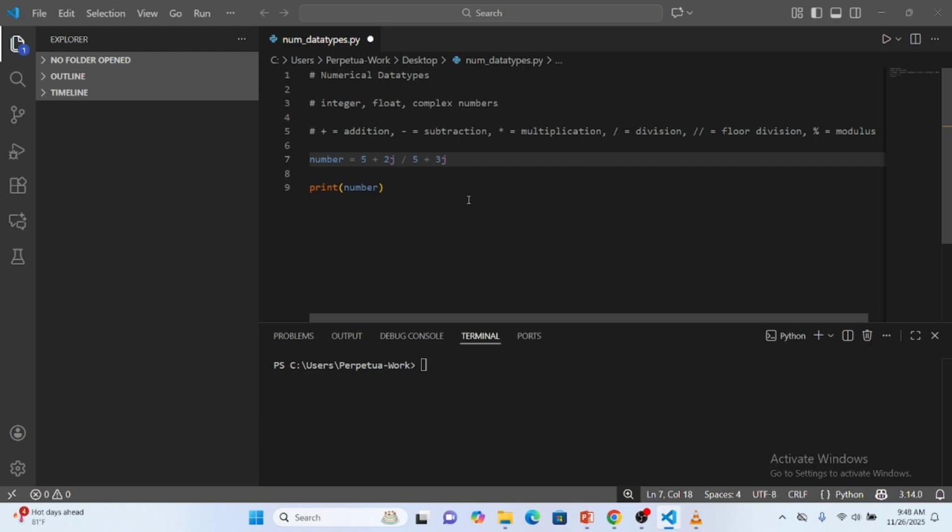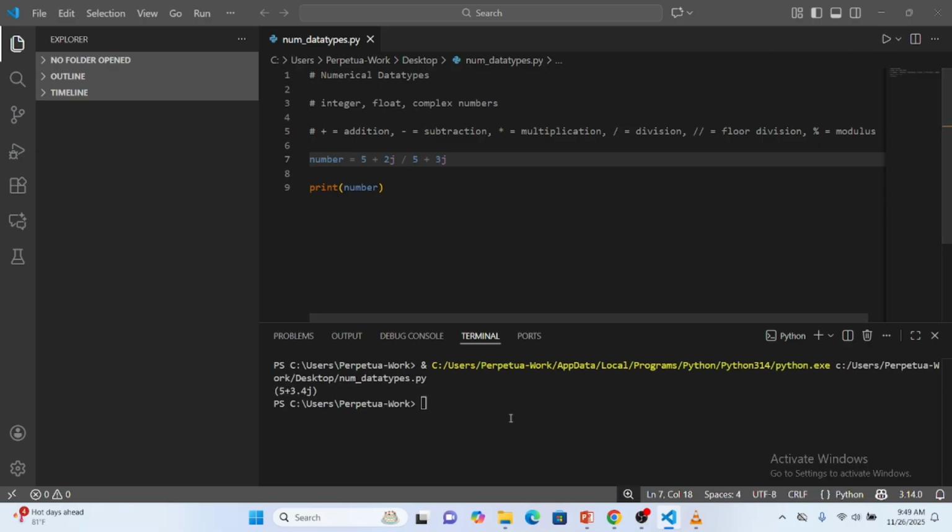So if we are to divide these two and run it, what will happen is that it gives us a somewhat confusing output. So how does this work? So what happens here is that Python will group these two first, right? Because the main thing is that we are dividing this entire thing.